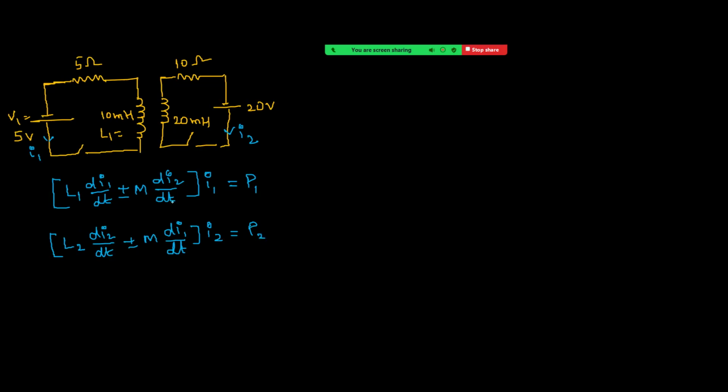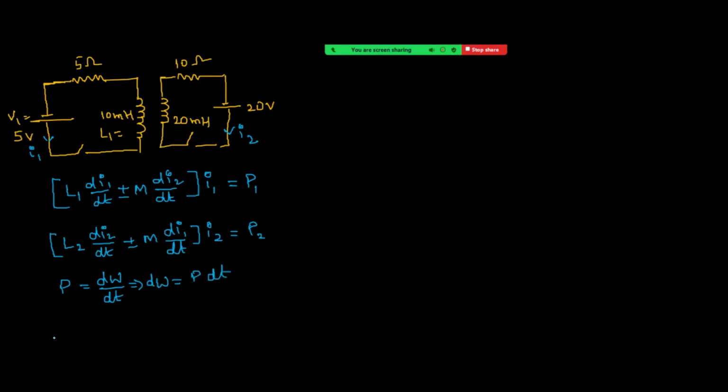Now we have to calculate the work done by the batteries. We know that power is the rate at which work is done. From that, dW is equal to P into dt.